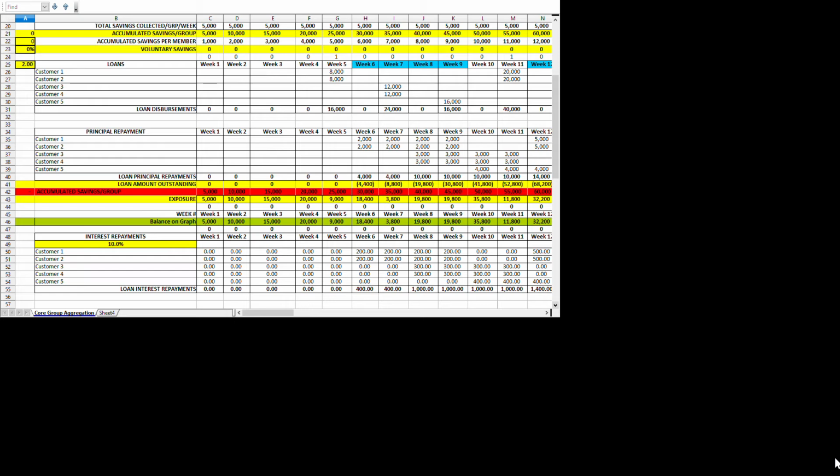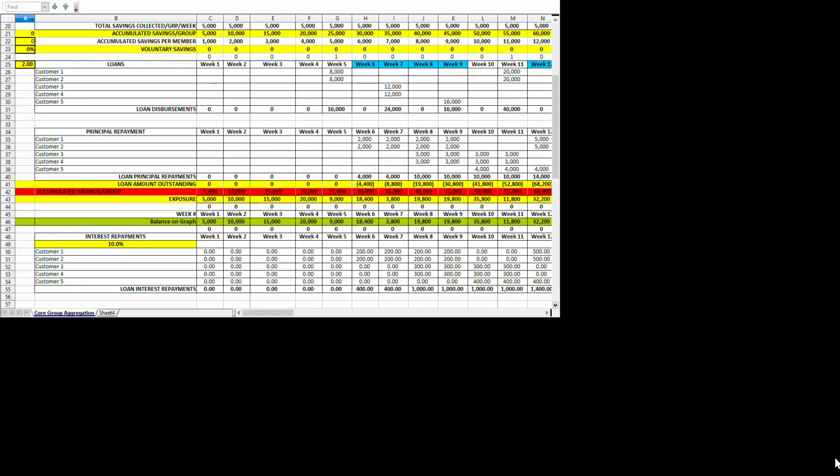Now if you look at rows 26 and 27, you see in week 11 there is another set of loans for $20,000, which now is twice $10,000. So the first loans in week 5 are repaid over week 6, week 7, week 8, week 9. Week 10 is a rest week. Week 11, the next set of loans for those 2 customers. So in Grameen, this is what is called a staggered loan rotation.